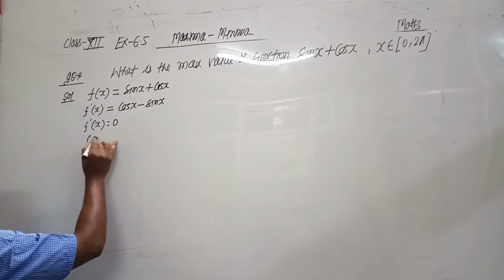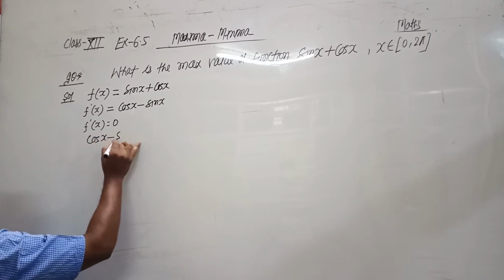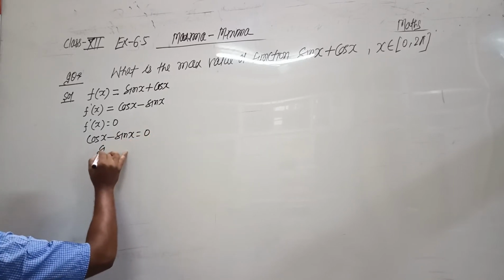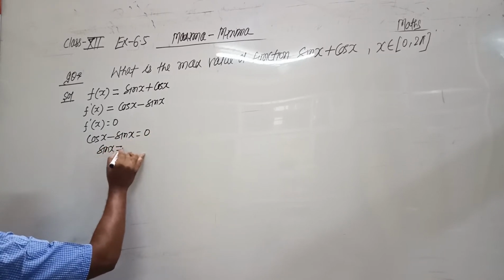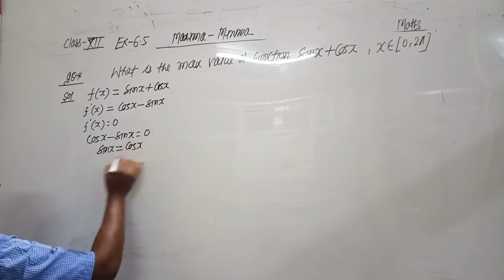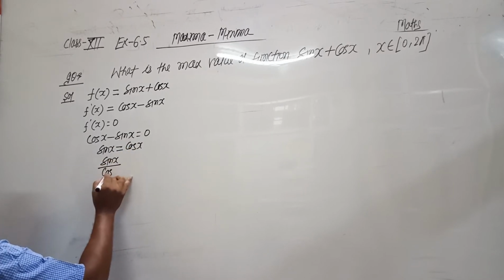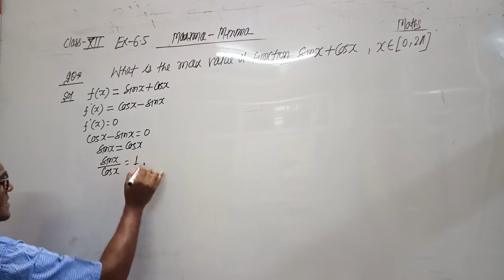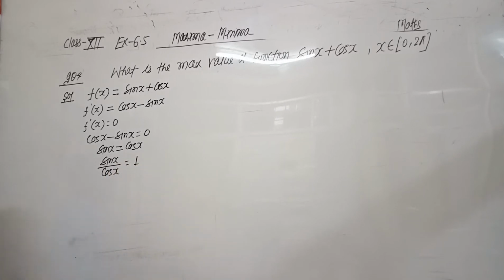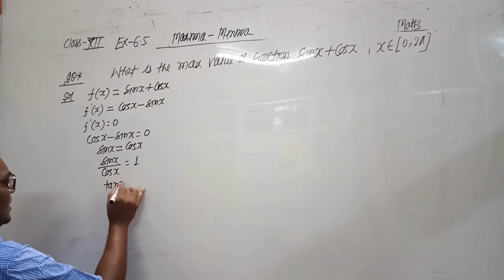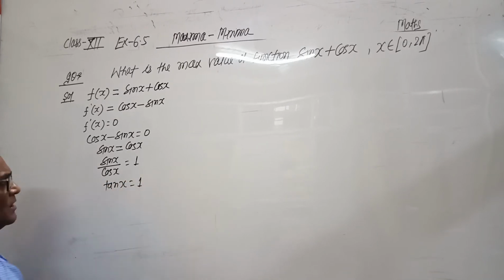It means cos x minus sin x equals 0, and sin x equals cos x, and we get the value of tan x. Sin x upon cos x equals 1, and this is tan x equals 1.